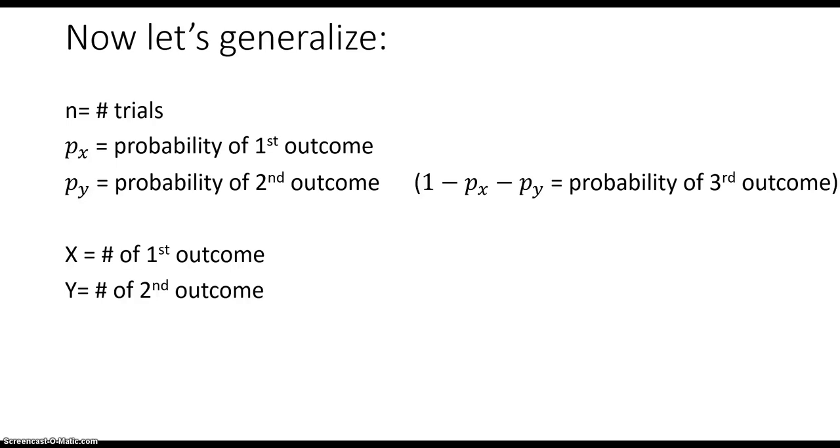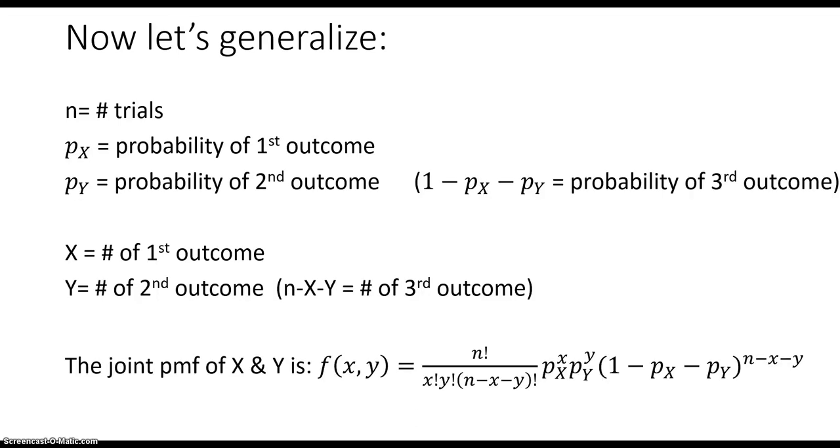Capital X is the random variable equal to the number of times the first outcome occurs out of the n trials, and capital Y is the number of times that the second outcome occurs in the n trials. Then the joint probability mass function for x and y is given by the formula n factorial divided by x factorial times y factorial times n minus x minus y factorial.